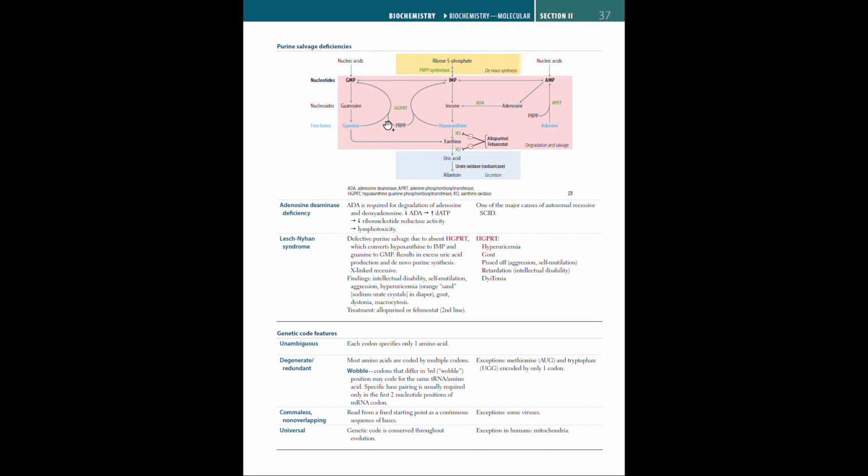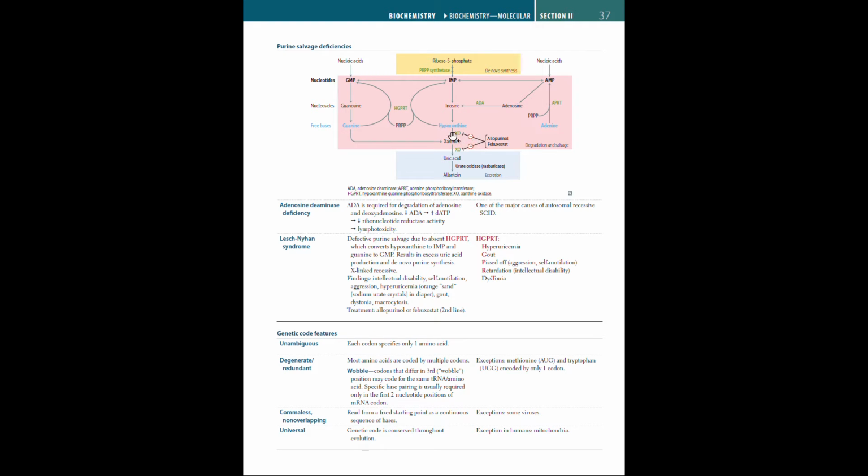This happens with regards to HGPRT, with the PRPP. This PRPP also helps IMP become inosine, which will later become hypoxanthine.